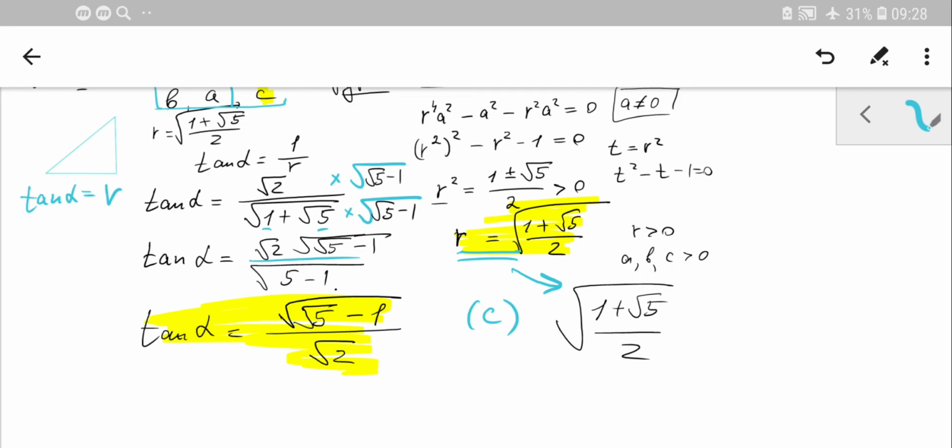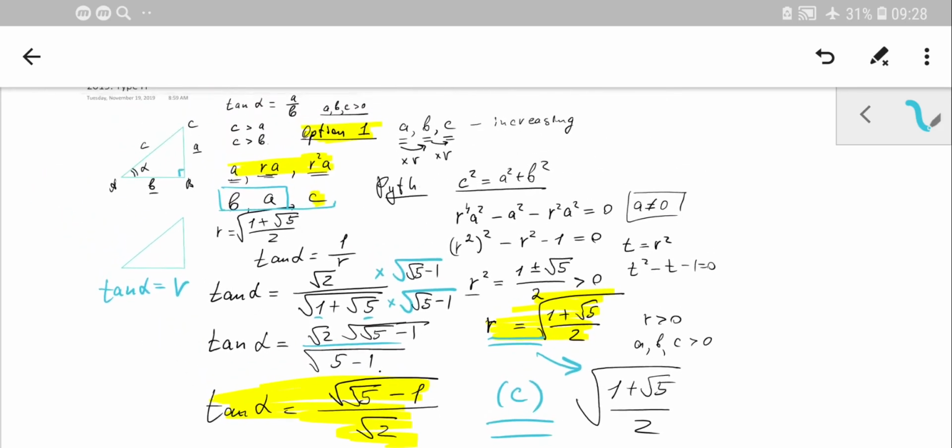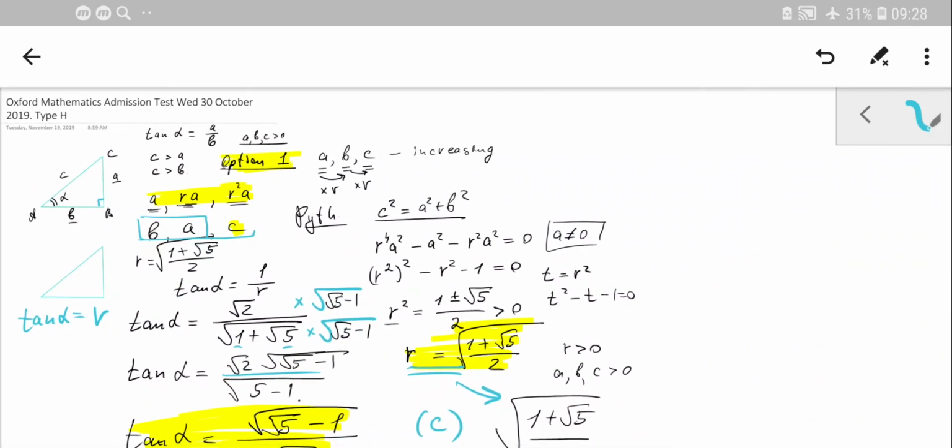That's how we can get both options. So the right choice here in each task is C.